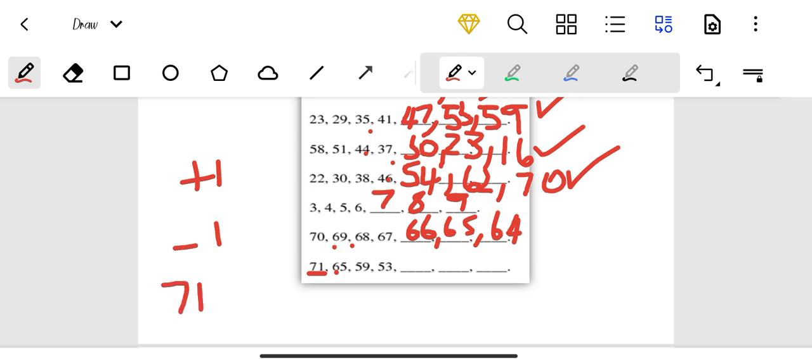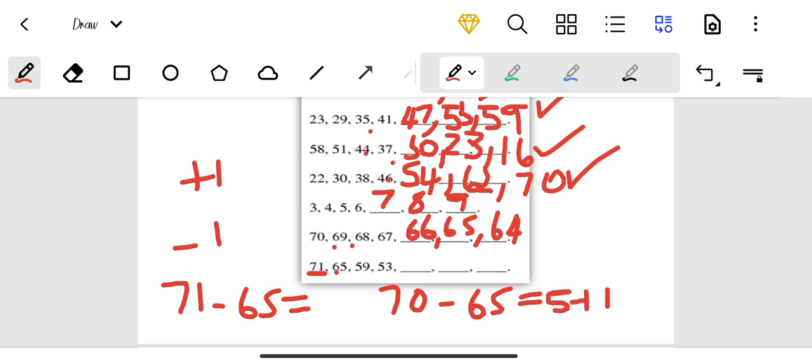Let me just say 71 minus 65 is equal to, so I'm going to say 70 minus 65, which is going to give me a 5. And then plus 1 is going to be 6. So if we say 71 minus 6 is going to be 65. 65 minus 6 is going to be 59. 59 minus 6 is going to be 53.